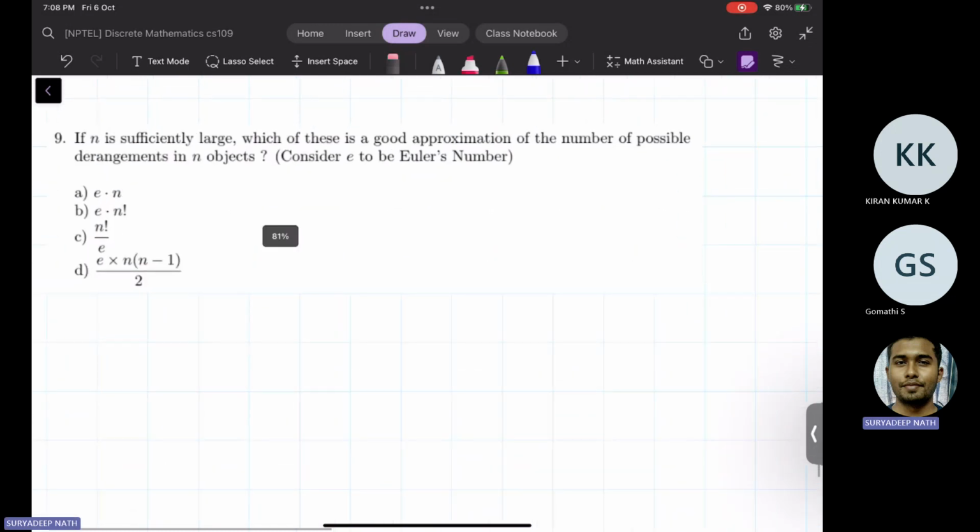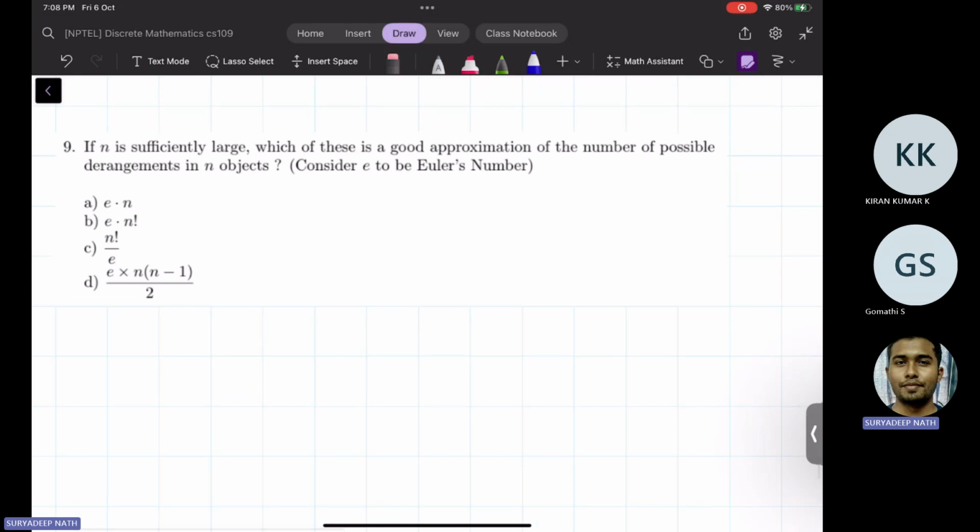Now coming to question 9: if n is sufficiently large, which of these is a good approximation of the number of derangements of n objects? Like we discussed in the previous derangement question, it is n factorial by e.